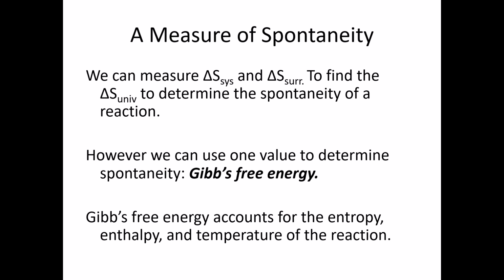And if we can define the entropy of the universe, so delta S of the universe, as our delta S of the system plus our delta S of the surroundings, and remember S is our entropy, so the entropy change of the system plus the entropy change of the surroundings will give us the entropy change of the universe.